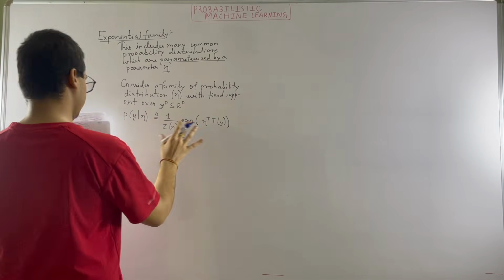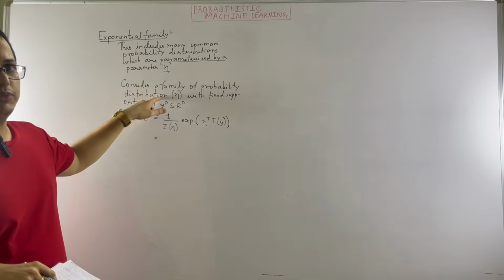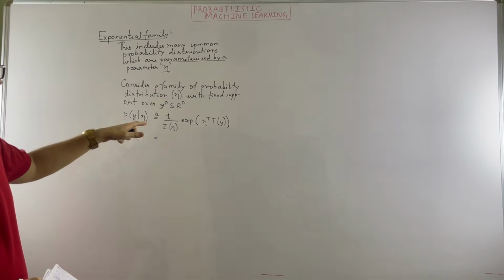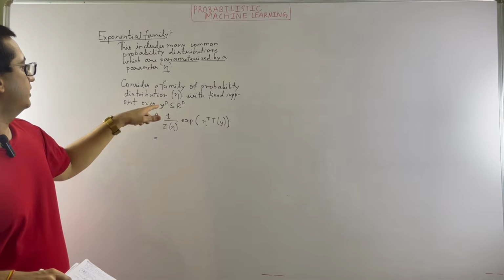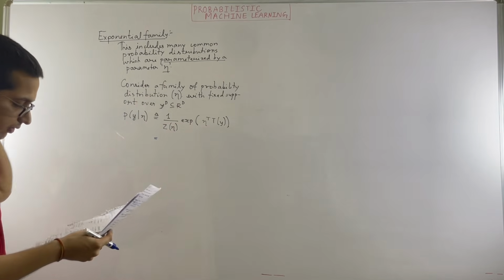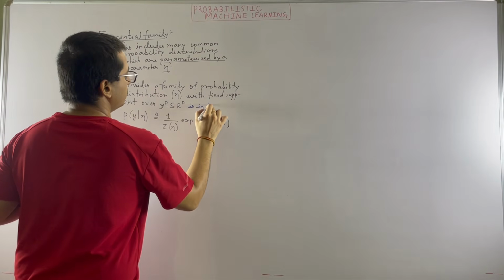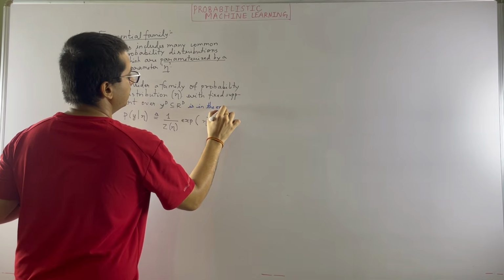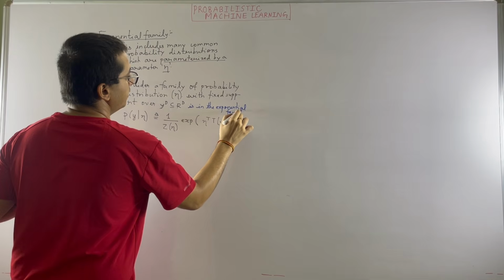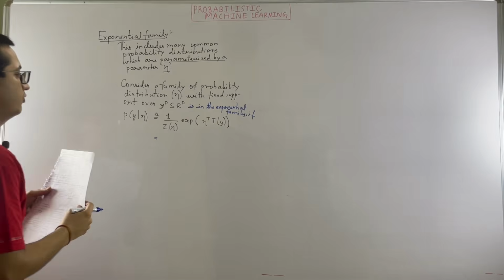So we are considering a family of probability distributions with fixed support over y in d dimensions, and this belongs to the exponential family if the density can be written in this particular form.